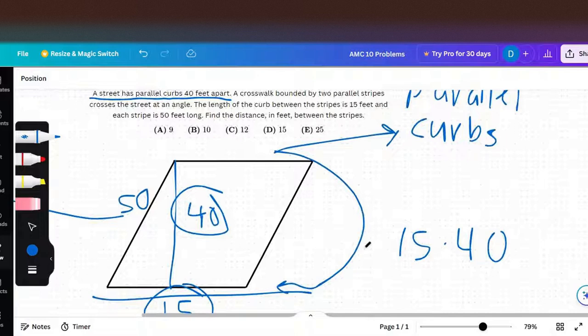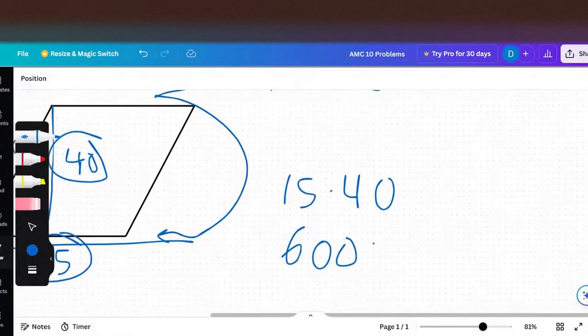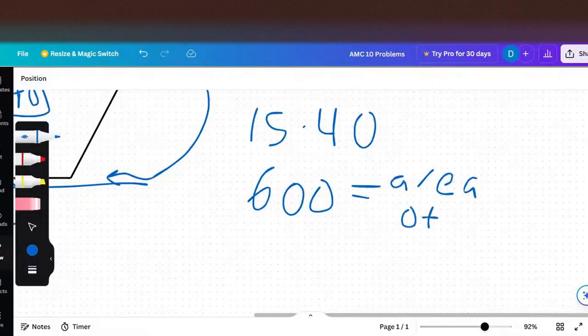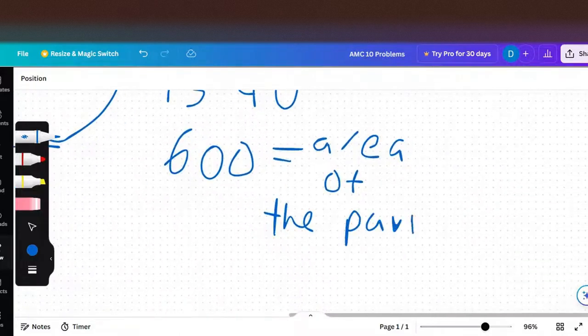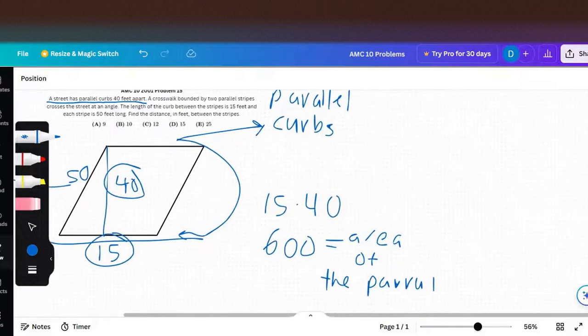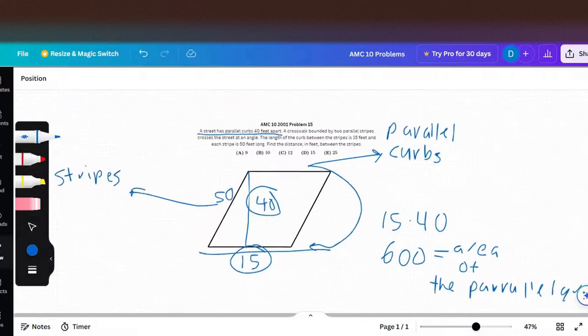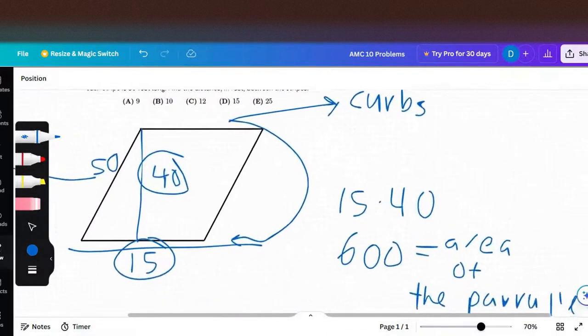So 15 times 40 is equal to 600. That's the total area of the parallelogram. Sorry if I misspelled that. So 600 is the area of the parallelogram.